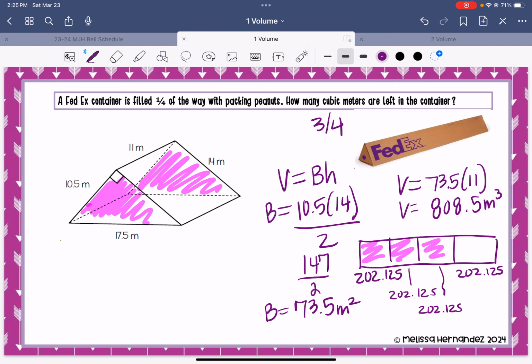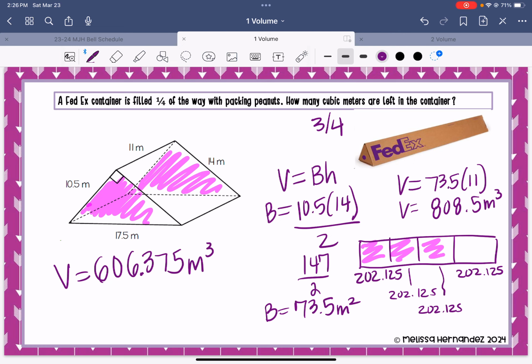All I would do is add those 3 times, or times it by 3, and you would get volume equals 606.375 meters cubed.